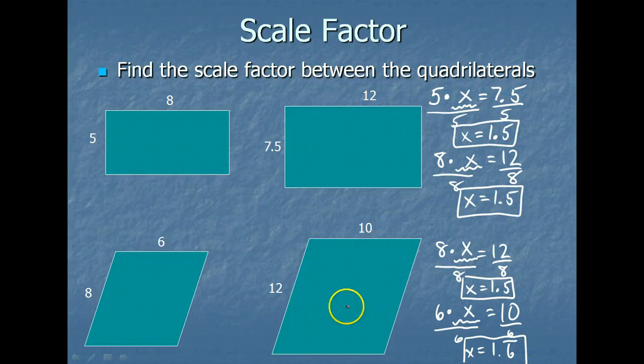So what does that mean for these two shapes? Well, my scale factor from 8 to 12 is 1.5, and my scale factor from 6 to 10 is 1.6. That means that these two parallelograms are not similar. Since the scale factor is the same between these two rectangles, these two rectangles are similar.